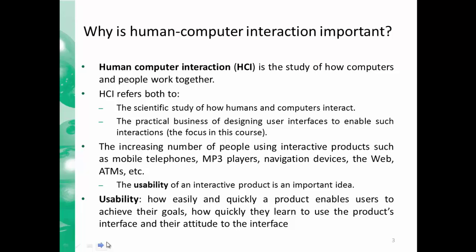Usability is one very important concept when it comes to human-computer interaction. It's defined as how easy and quickly a product enables users to achieve their goals.